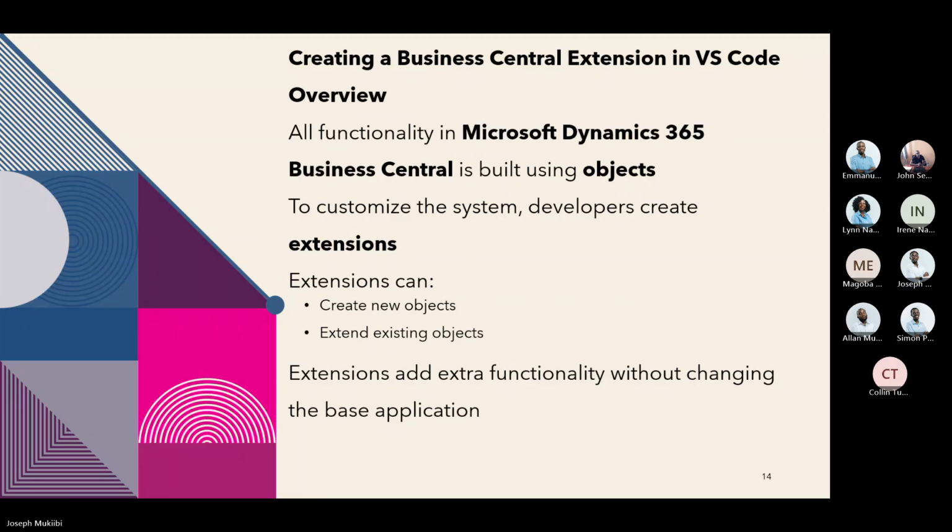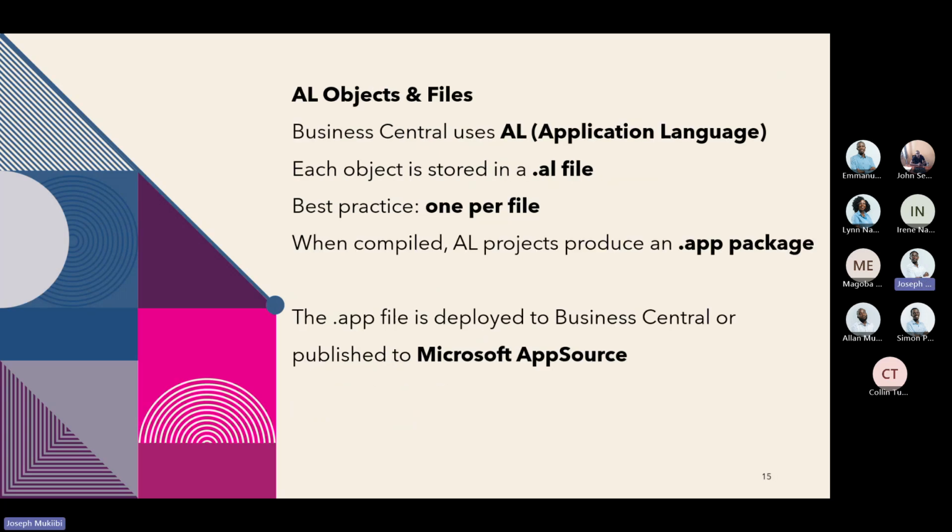I talked about this. Then now we have AL objects and files. Business Central uses AL, which is application language, and each object is stored in a .al file. Best practice is to have one object per file.